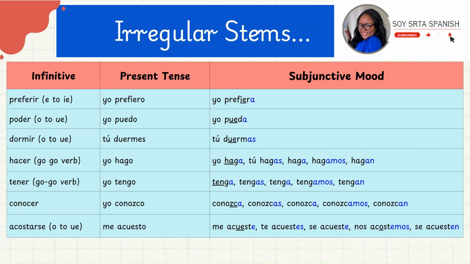So acuesto becomes acuest, the same irregular stem that we would run with throughout the subjunctive formation. So our biggest takeaway from this particular section is that whatever irregularity there was in the present tense of the yo form, it would reflect in the subjunctive and also form all of the conjugations.